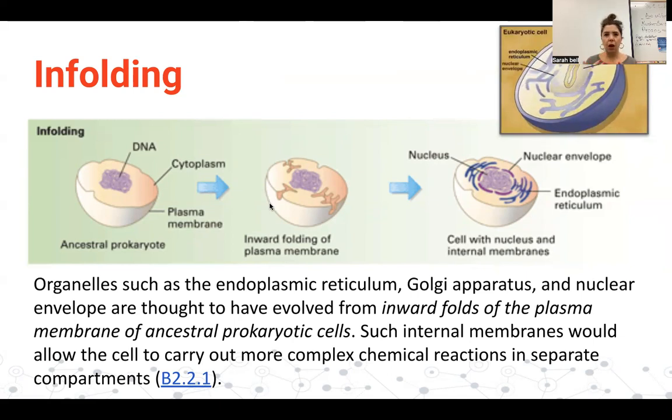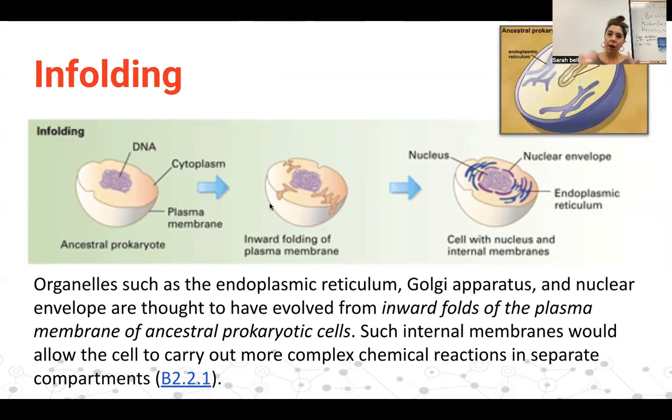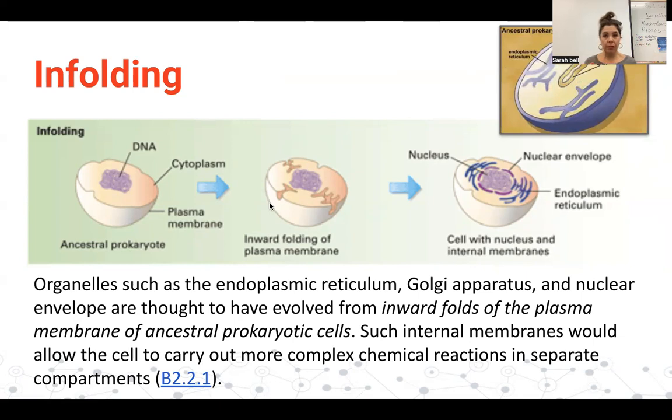We've briefly talked about how a lot of reactions actually happen in the membrane itself. So if I'm an organism and efficiency is essential to my survival, it would make sense that the more surface area I have, the more efficient I can be. That's why we think infolding was a successful adaptation.